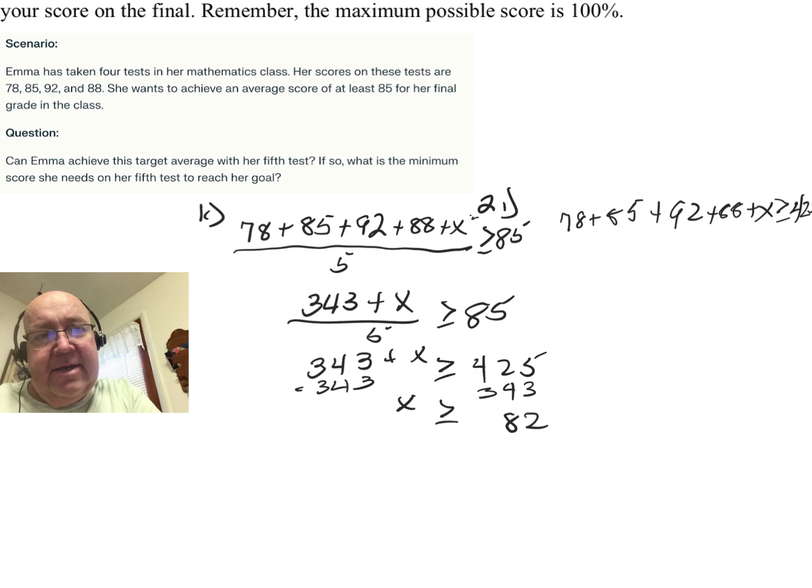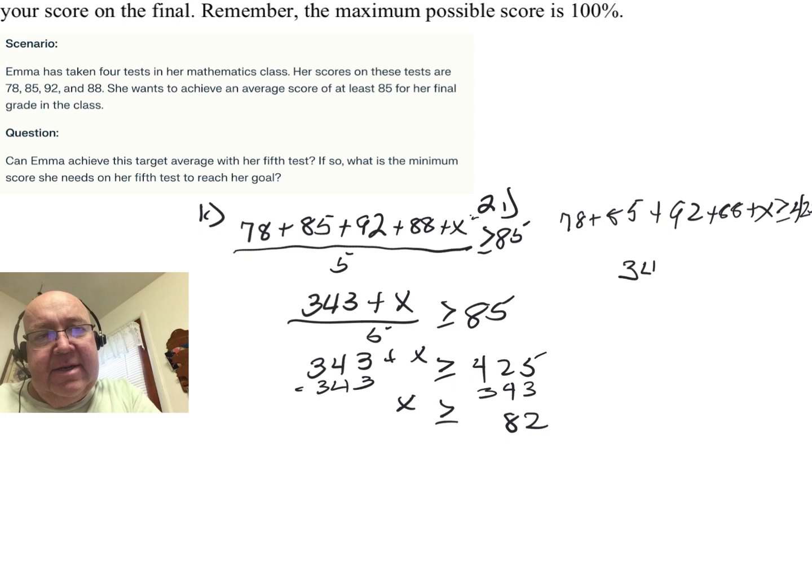Okay, so in order to do this, Emma is going to have to score at least 82 points on the test to make sure that she gets a B. If I do the same thing on the other side, I just don't have to multiply by 5.